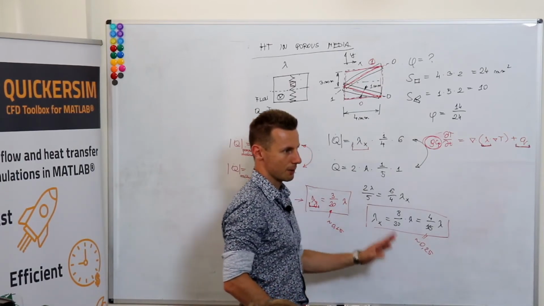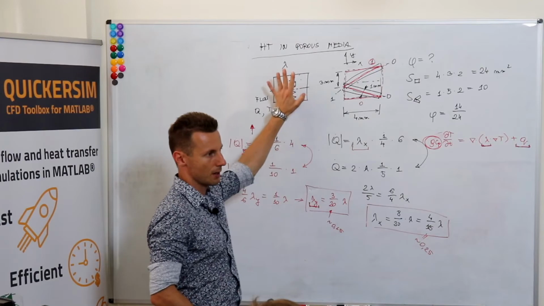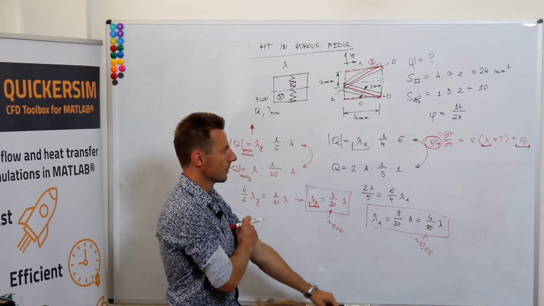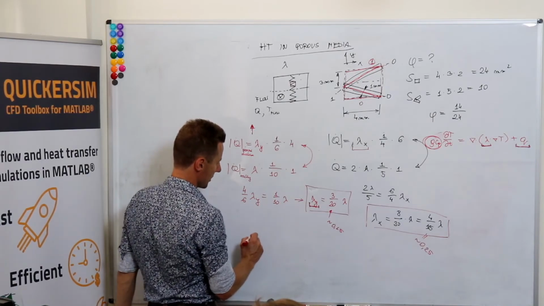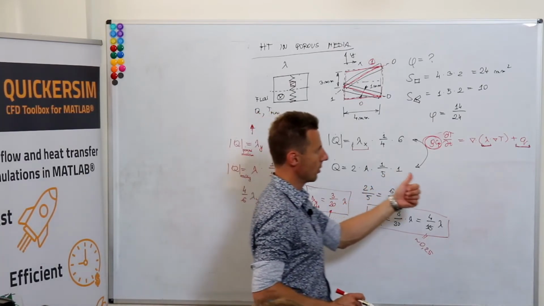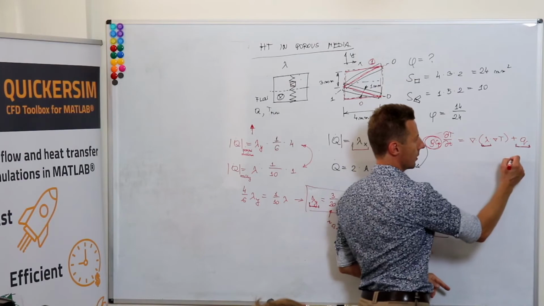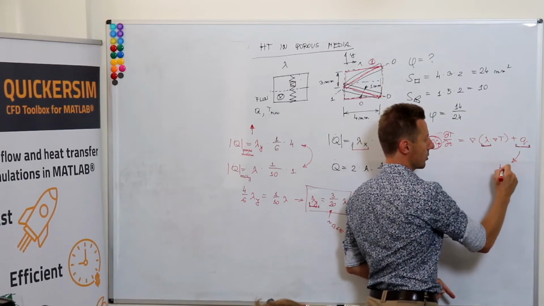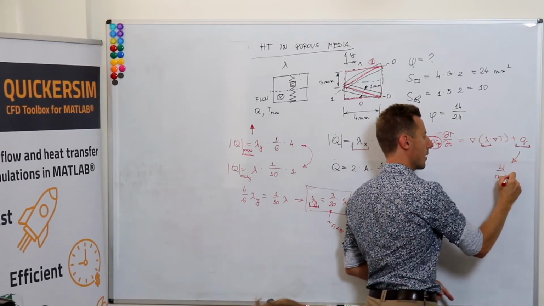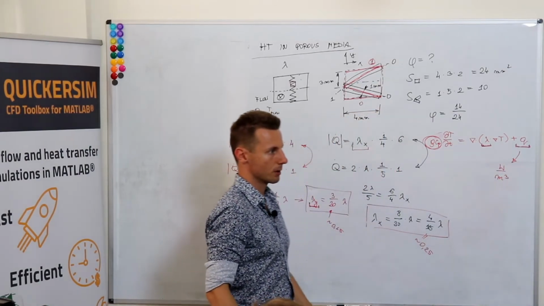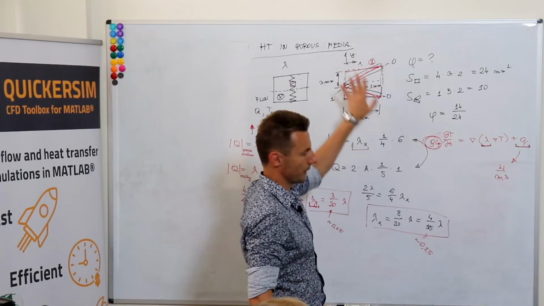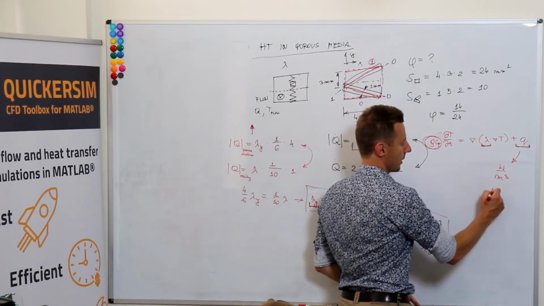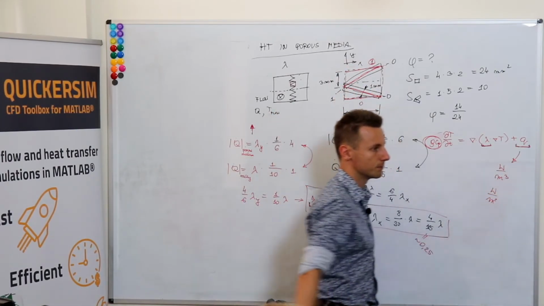I'm right now interested only in the solid part. So what you need to do is, again, you need to say, first of all, what's the unit of that? It should be watts per cubic meters. Well, if we were doing everything in 2D, this would be watts per meter square.